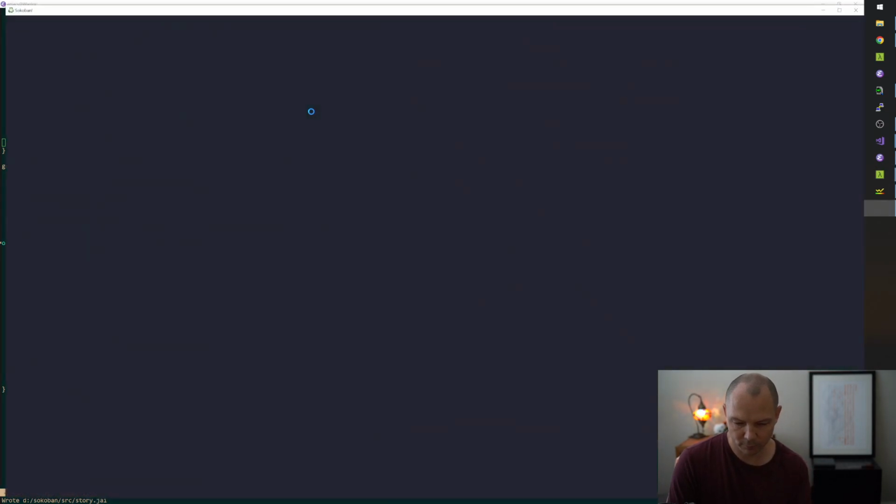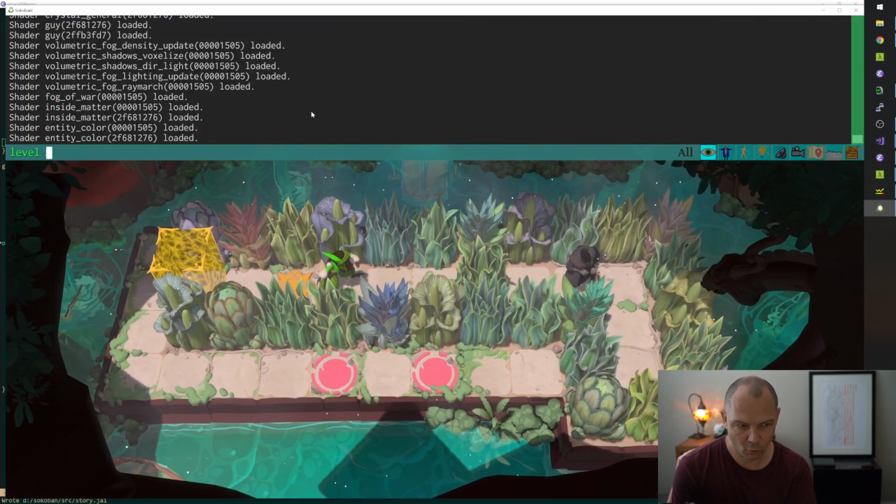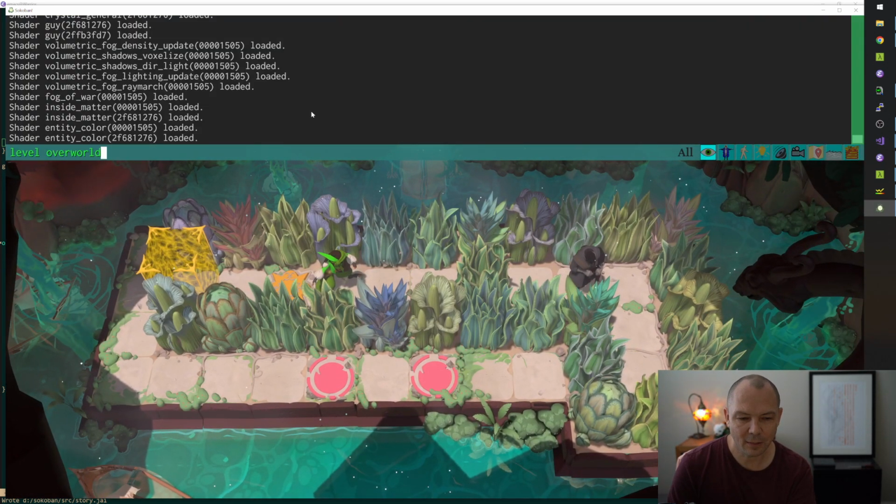Oh, you know what? I never put in the workaround for the overworld. So when the character in the overworld reads the story things, it's going to put a speech bubble over her head, and that is wrong. That is wrong.